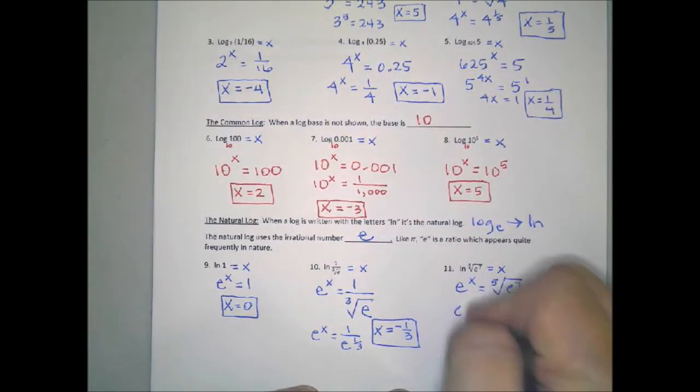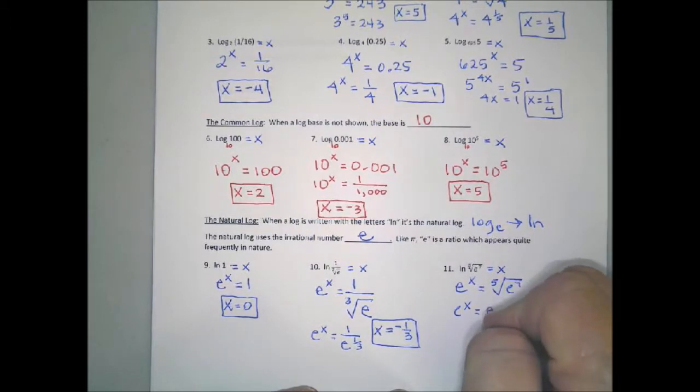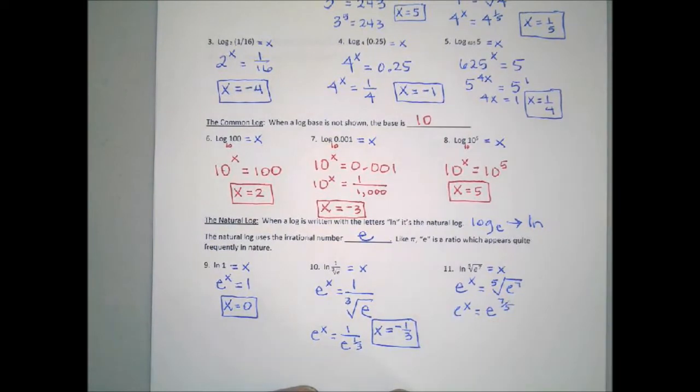Now, here's a good illustration of how to get out of radical form and into exponential. The 5th root of e to the 7th is equivalent to e to the 7/5 power. The index of the radical is the denominator of the fraction.